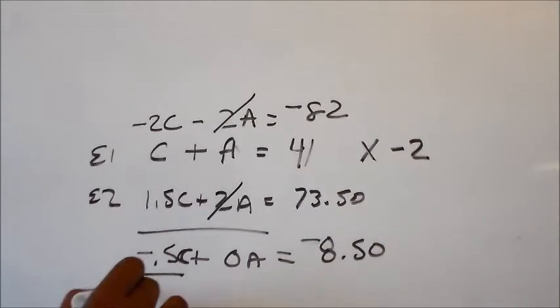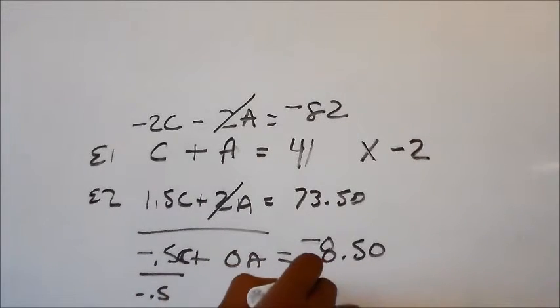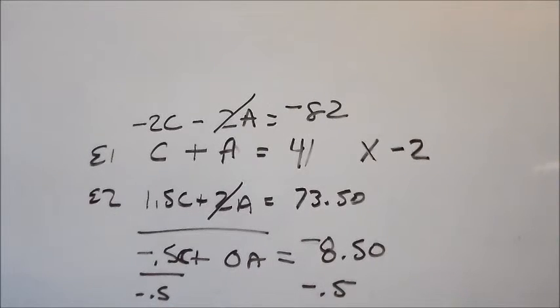Then we divide both sides by negative 0.5, and we find that C is equal to 17.